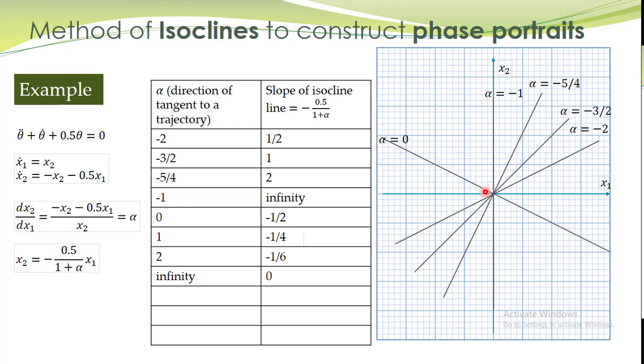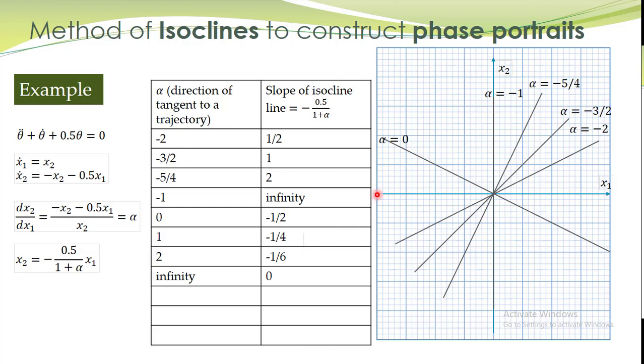So this line, we have two boxes in negative direction and one box on the vertical axis. So on this isocline, all the trajectories which will be passing through it will have a slope equal to 0. Similarly, for alpha equal to 1, the slope of this line comes out to be equal to minus 1 by 4. How to draw this line?